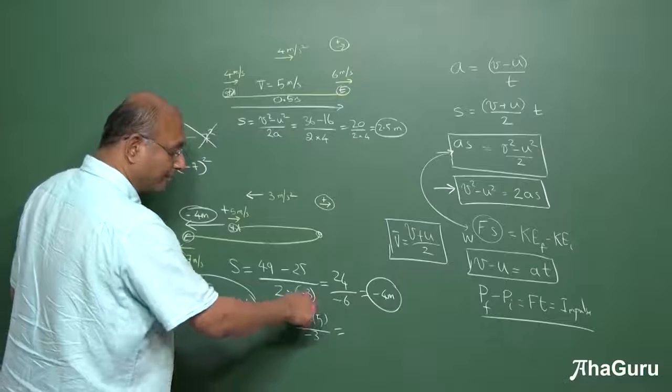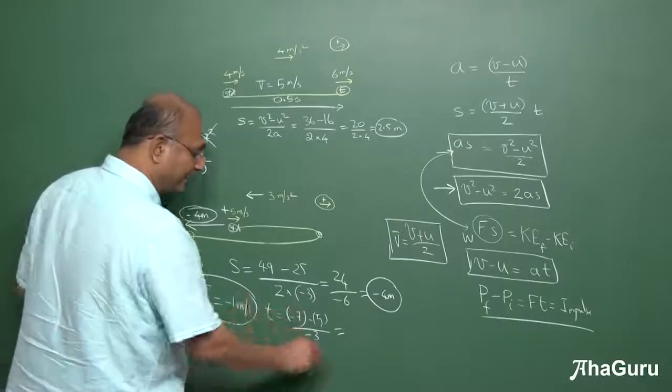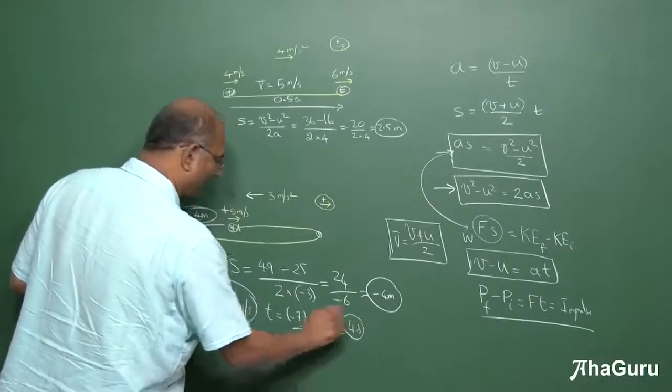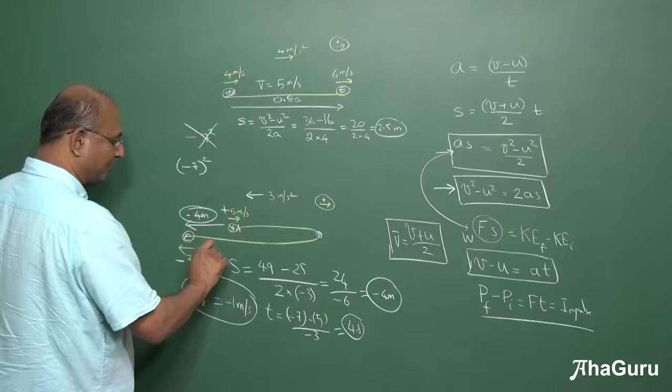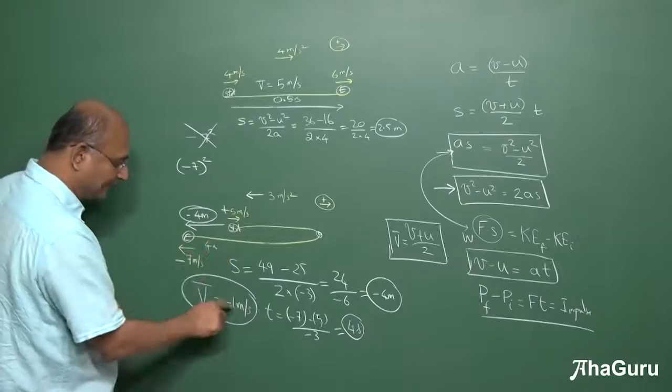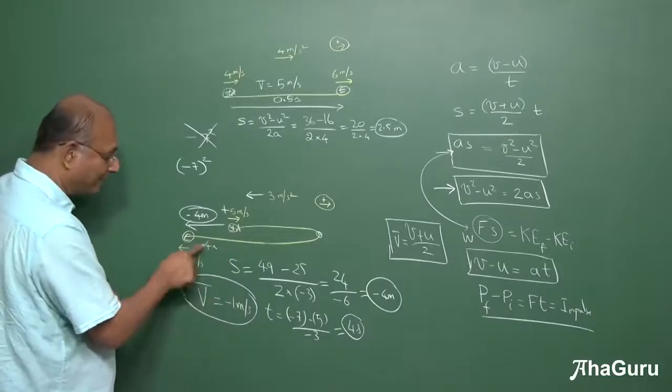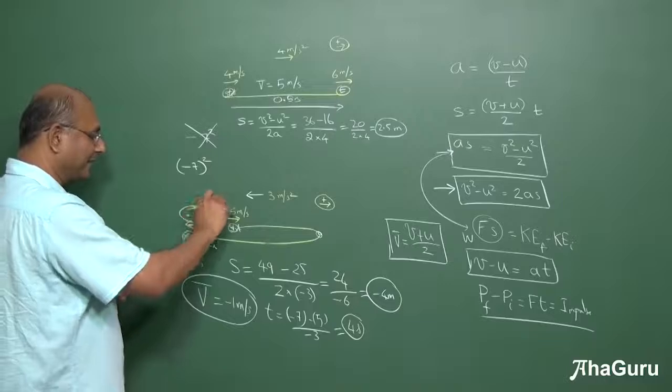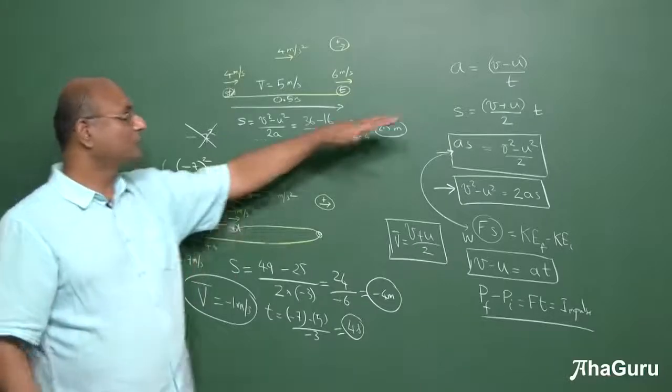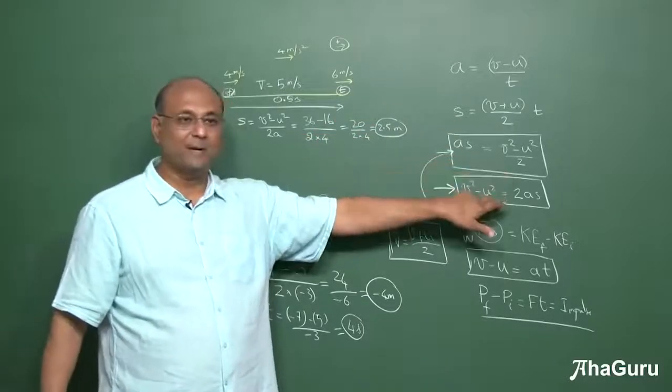Minus 12 by minus 3, which is 4 seconds. So it takes 4 seconds for this to happen. 4 seconds into minus 1 meter per second, minus 4 meters. Is that clear?